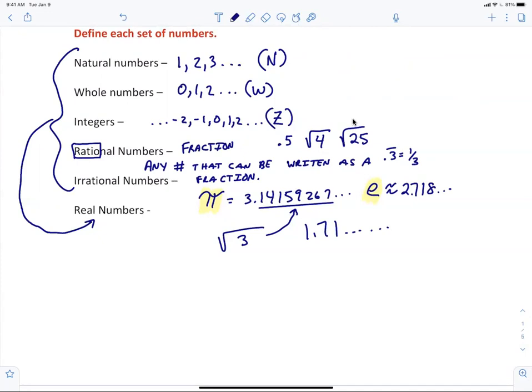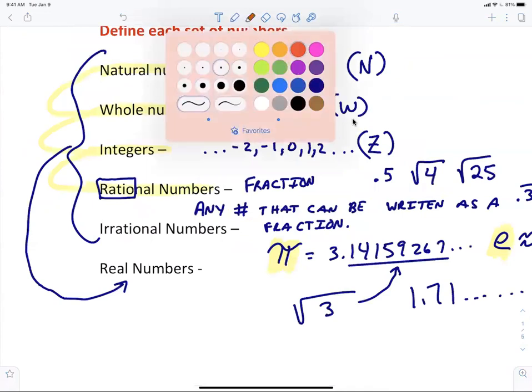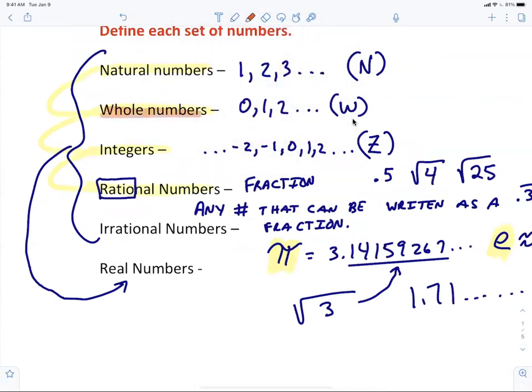Now I'm going to ask you a question. Please listen, and this will help you. If you are a natural number, you are also a whole number. You're also an integer, and you're also rational. Every number is real, so we don't have to worry about that. If I am a whole number, do I have to be a natural number?